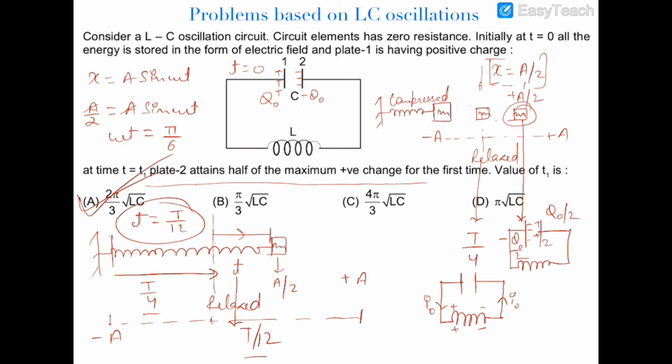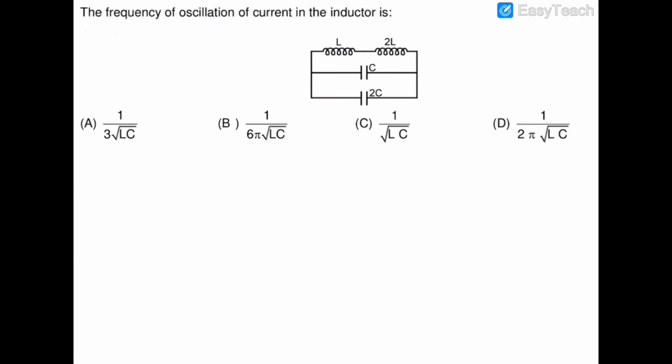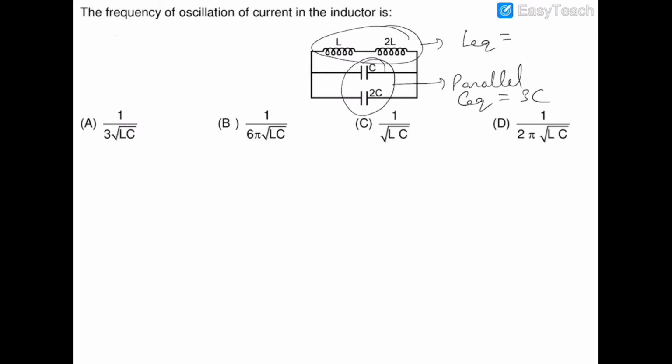Now we move on to the next question. In this question, we have to find out the frequency of oscillation of this LC circuit. This is a very simple question, and we know that these are connected in parallel, so the equivalent capacitance, C equivalent, would be 3C, and these are connected in series, so the equivalent inductance of this system will be 3L.